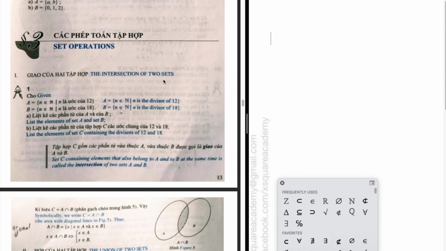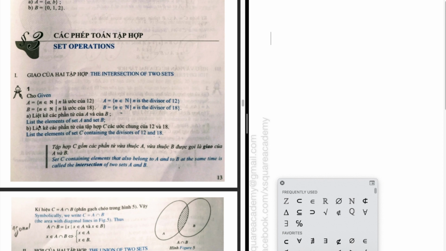So, what does intersection mean in set theory? Example: given set A contains natural numbers n, such that n is a divisor of 12, and set B contains natural numbers n, such that n is a divisor of 18.